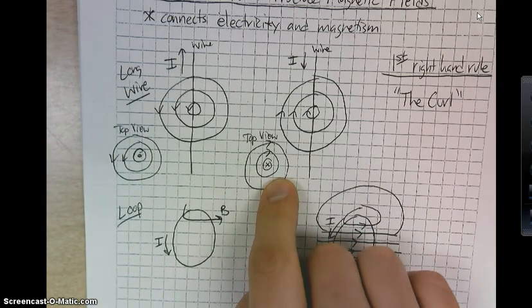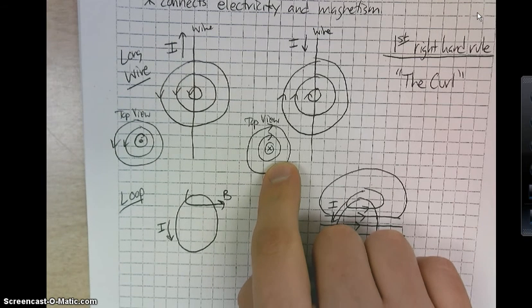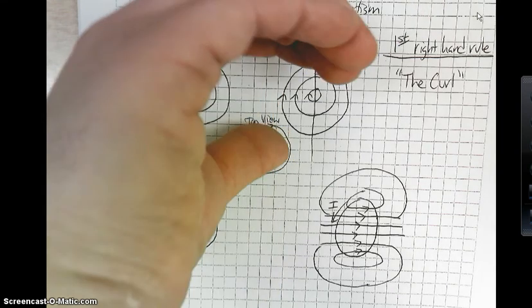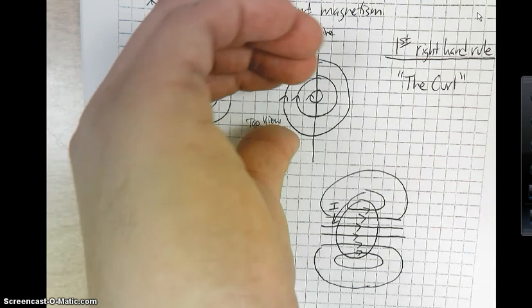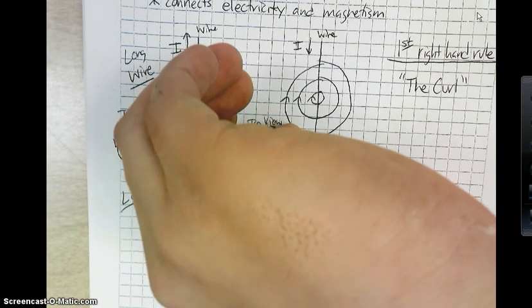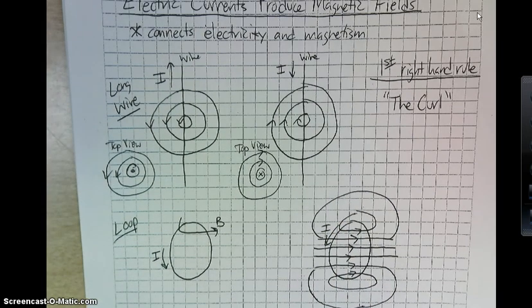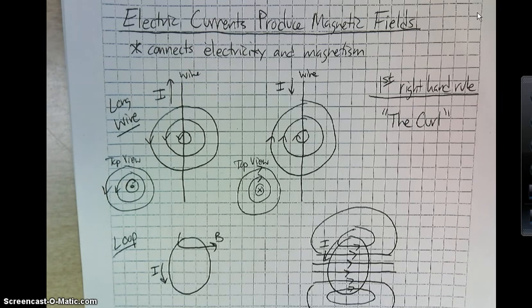Again, the top view is the easiest to think of. That little X means the current is going into the page, so my thumb would go down and we'd curl this way, clockwise from above. That is the direction of the magnetic field around a wire.